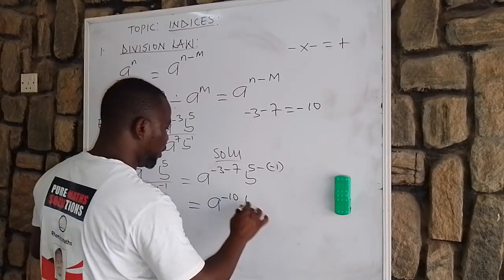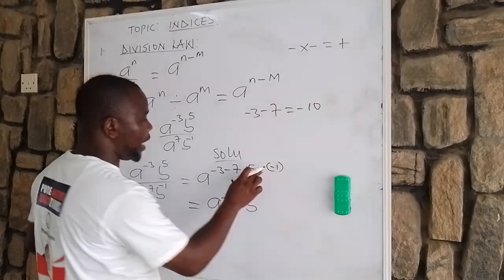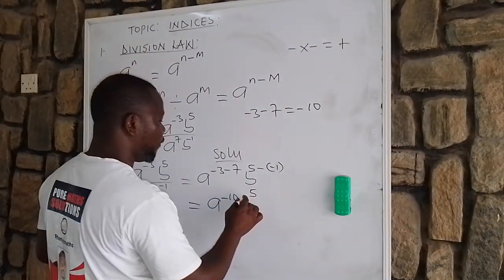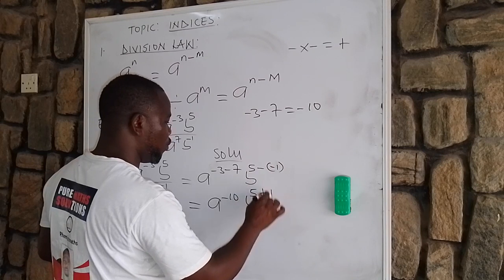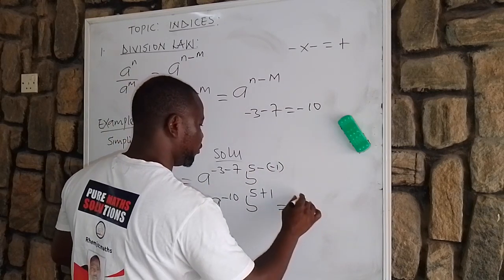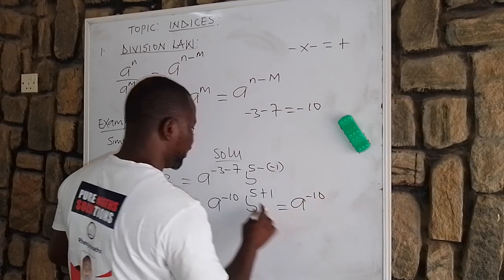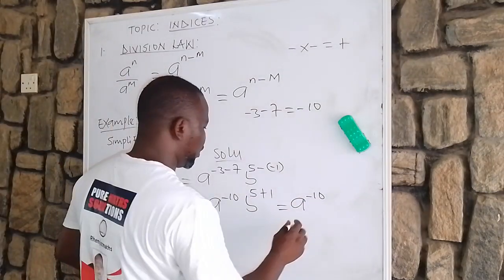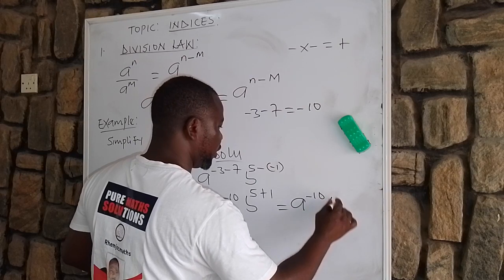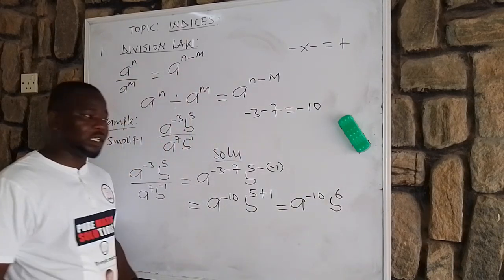Then b raised to the power of minus times minus is going to be what? Plus 5 plus 1. Then this equals a raised to the power of minus 10. Then 5 plus 1 is what? 6, isn't it? B raised to power 6. Do you agree with me?